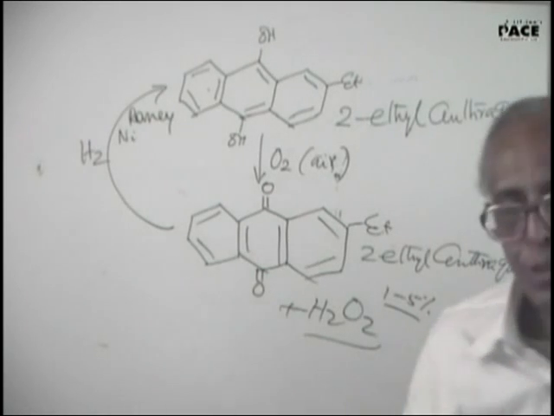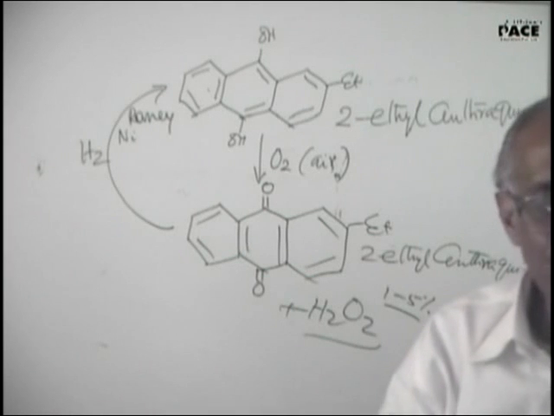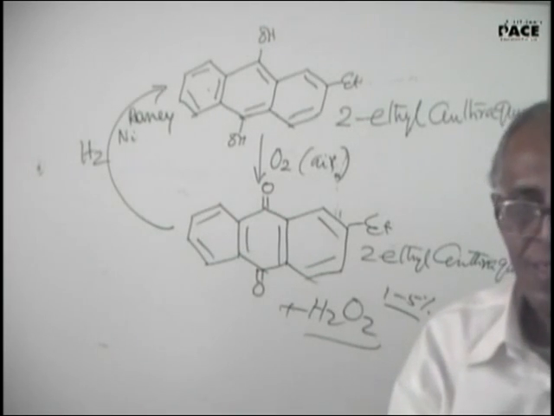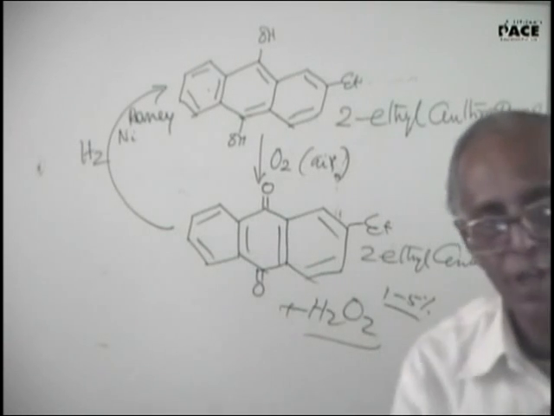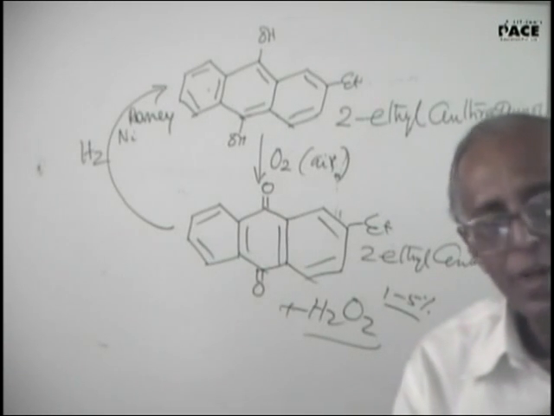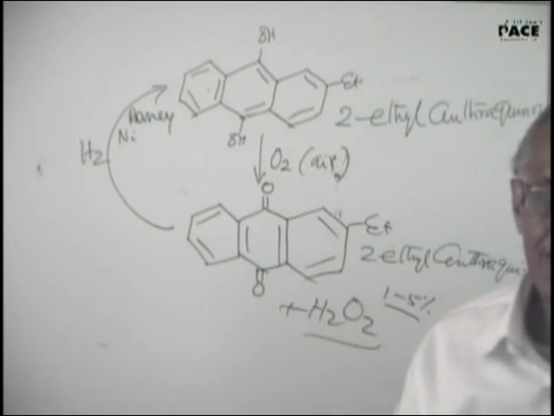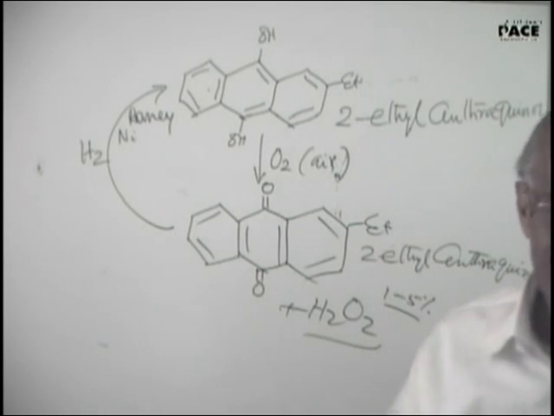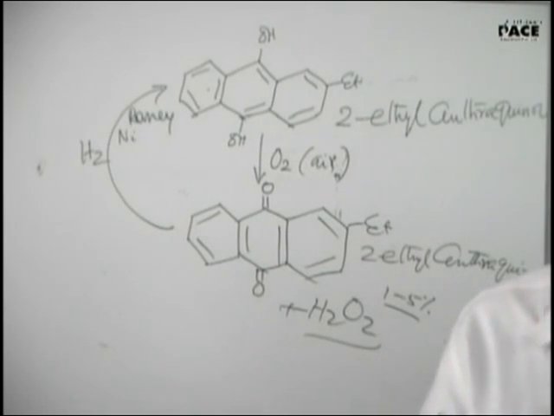Expose the quinol to air, it gives you hydrogen peroxide. So once you prepare quinol, as long as you have the hydrogenation ready, it will go on and on. So you can repeat the process n number of times, and each time it gives you hydrogen peroxide.